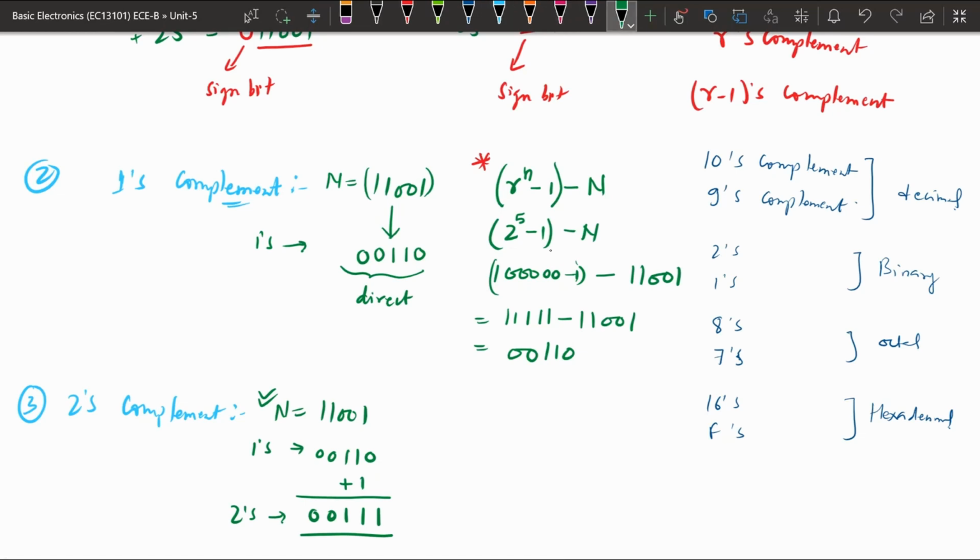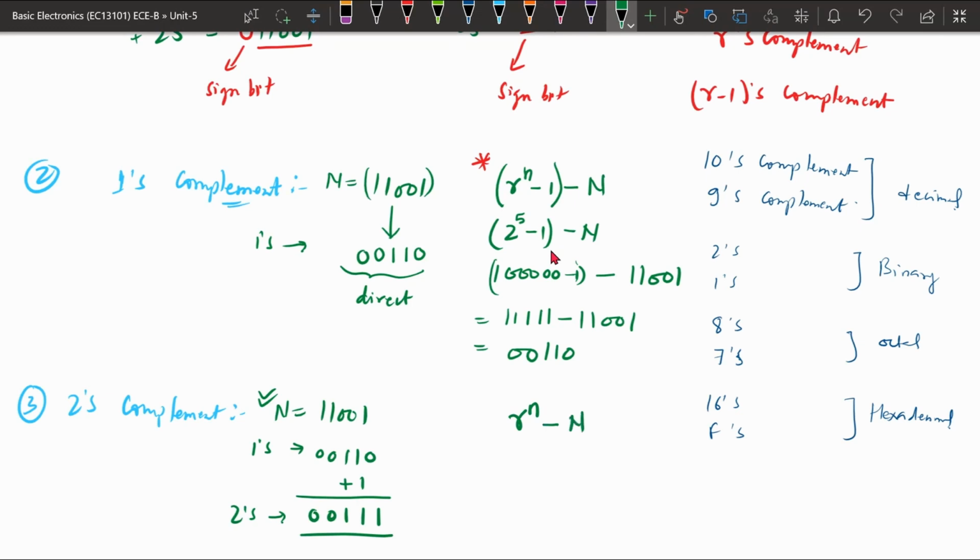Now the generalized formula for the 2's complement, or R's complement calculation. It is similar to the earlier formula, but we just add 1. So if we add 1 into that formula, it reduces to r to the power n minus n.